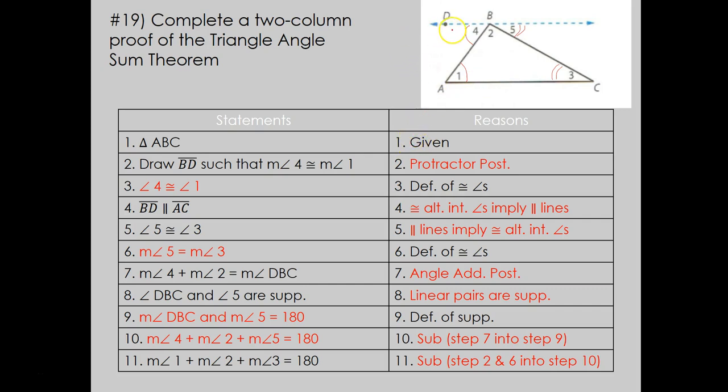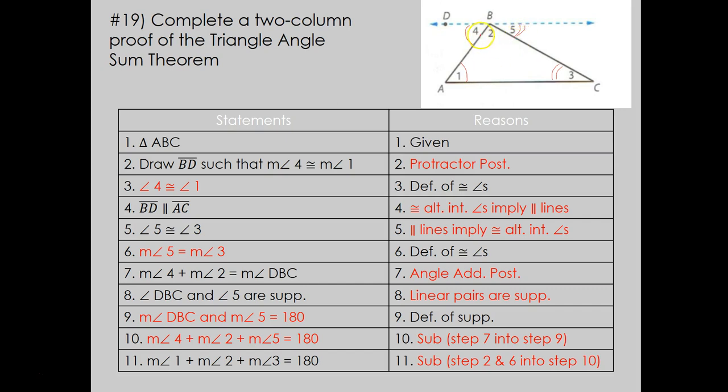And we can now state that DBC plus angle 5 are supplementary because this is a straight line. Once we've proved that they're supplementary, we can say that they're equal to 180 degrees. And now we can state that angle 4 plus angle 2 plus angle 5 are 180 degrees.